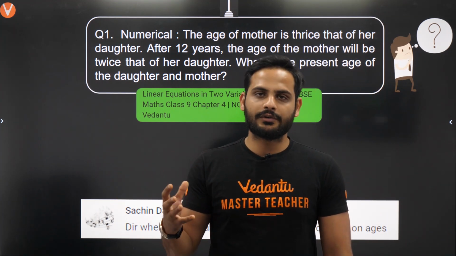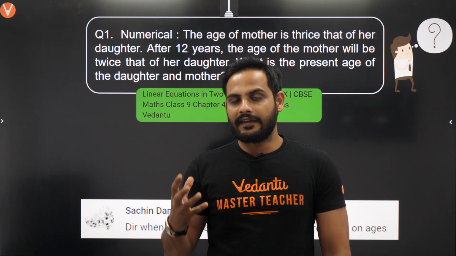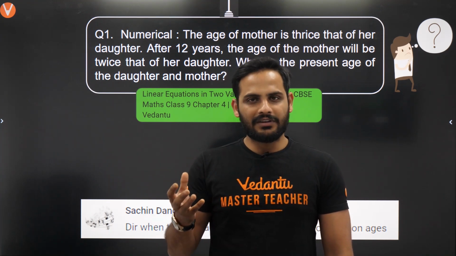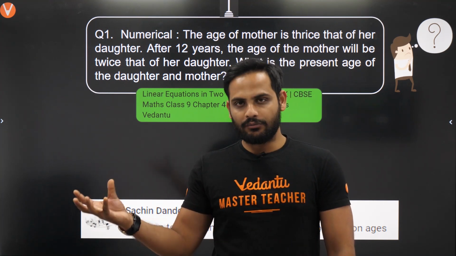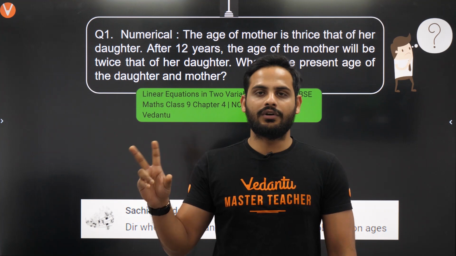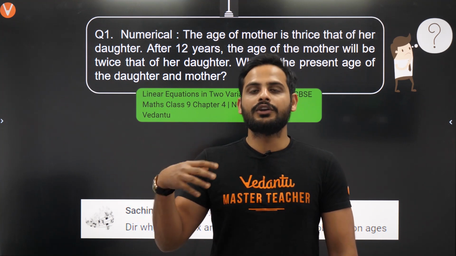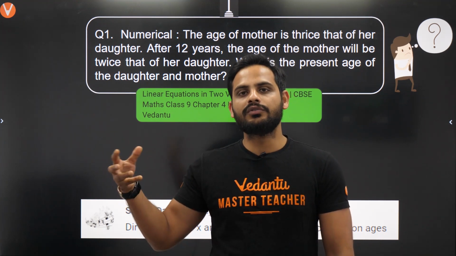You just need to realize whether the given question can be solved with a single variable, or whether you need one more variable because there are two things which are not related to each other. Or you can use two variables also.